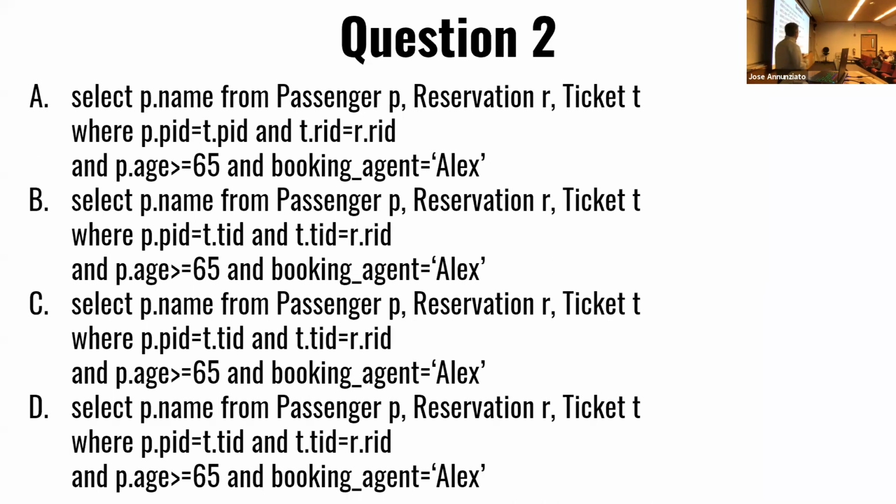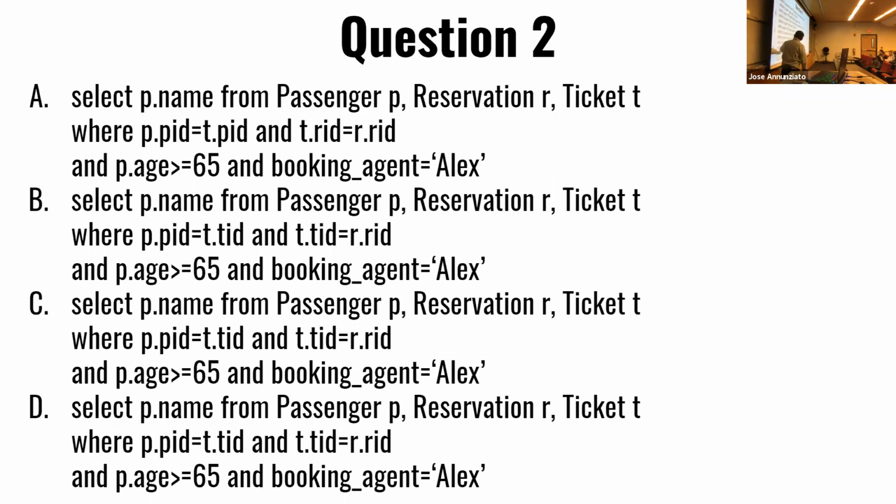So again, just going through this, see if there's any trick here. The first one is retrieving the name of the passenger from these three tables. It looks like they're all joining all three tables. The filter looks identical for all of them, right?